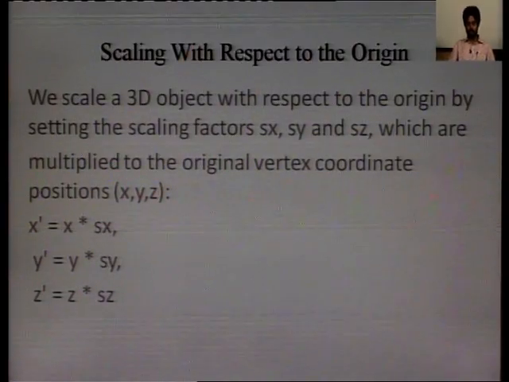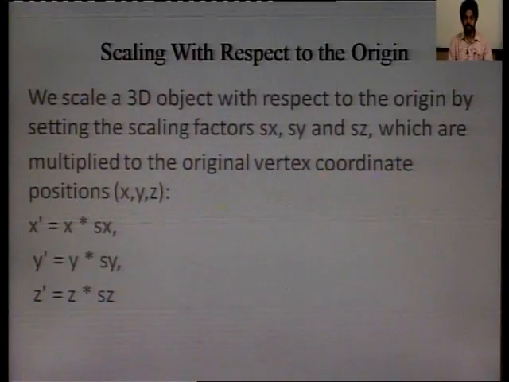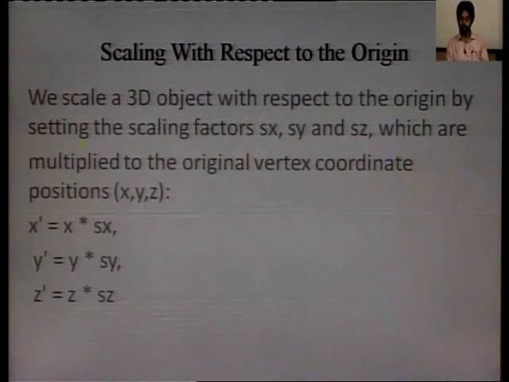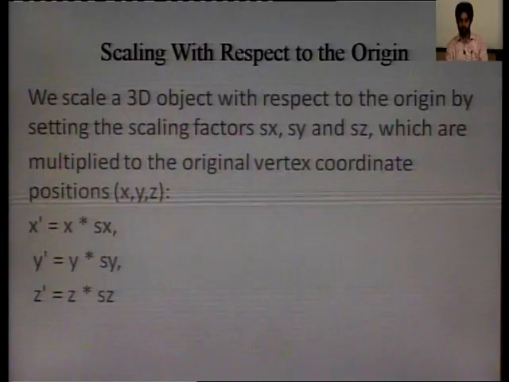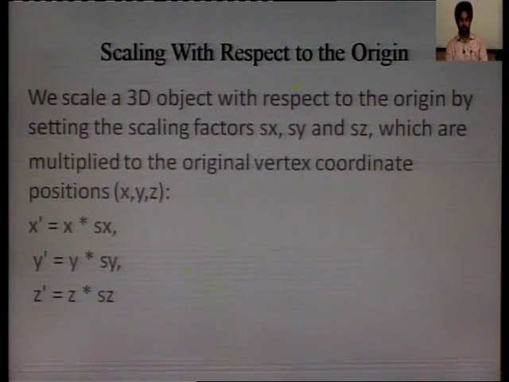So x dash equals x multiplied by Sx, the scaled coordinate of x; y dash equals the original y of the object multiplied by Sy; z dash equals z multiplied by Sz.